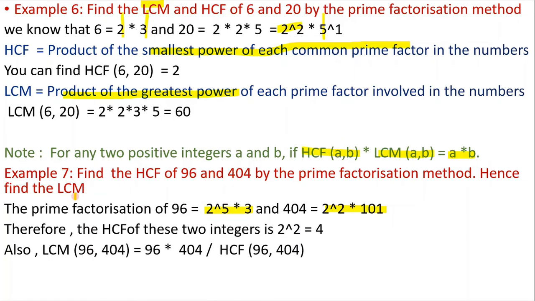Hence the LCM of the two numbers 96, 404 is equal to the product of the two numbers, 96 into 404, divided by the HCF of 96, 404. Okay, this implies 96 into 404 divided by 4, which is equal to 9696. Whatever the method you choose, the answer becomes the same.